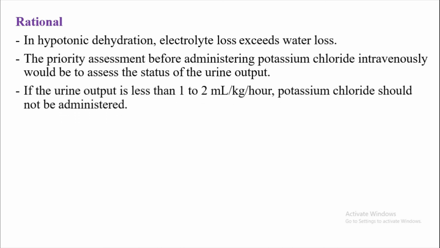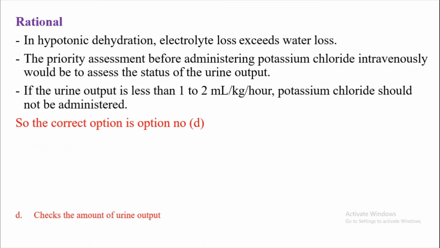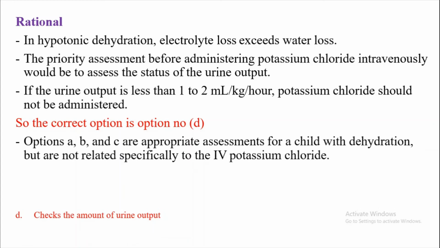If the urine output is less than 1 to 2 mL per kg per hour, potassium chloride should not be administered. So the correct option is option number D. Options A, B, and C are appropriate assessments for a child with dehydration, but are not related specifically to the IV potassium chloride.